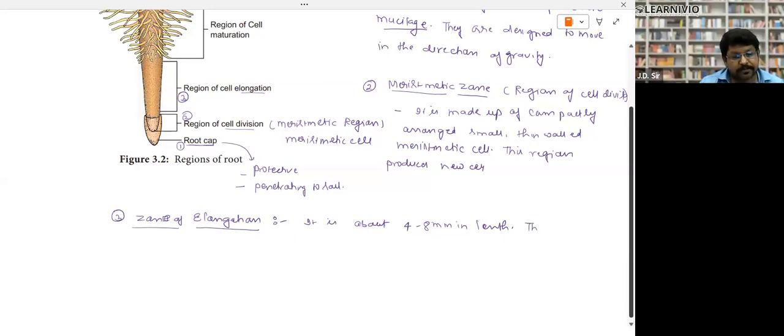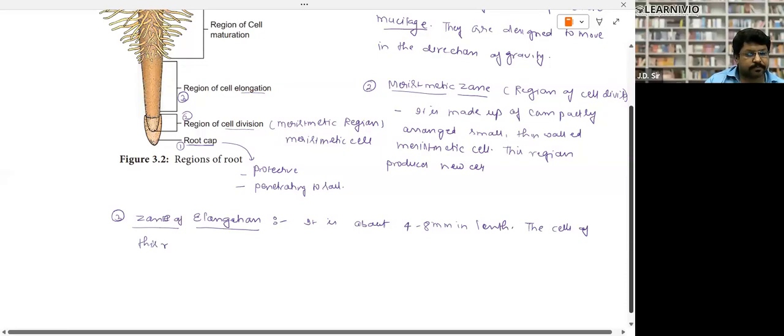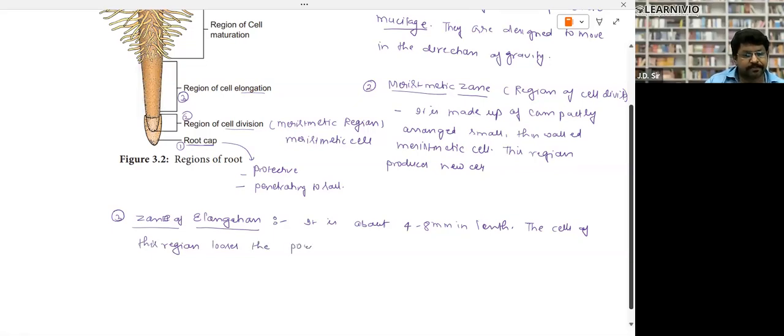The cells of this region lose the power of division. They elongate, meaning they increase their size.